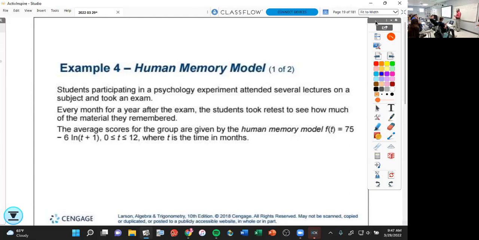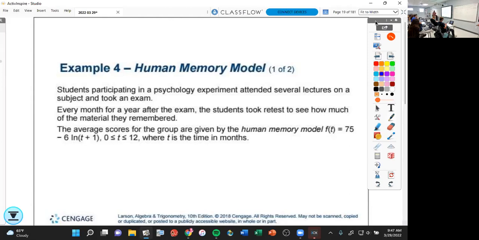Are y'all good with that? Can t be 0? Yes, because it's the day they took the exam, and there's an equals on there. Can you take the natural log of 0? Type it in your calculator. You can't take the natural log of 0, can you? Now back to this question.